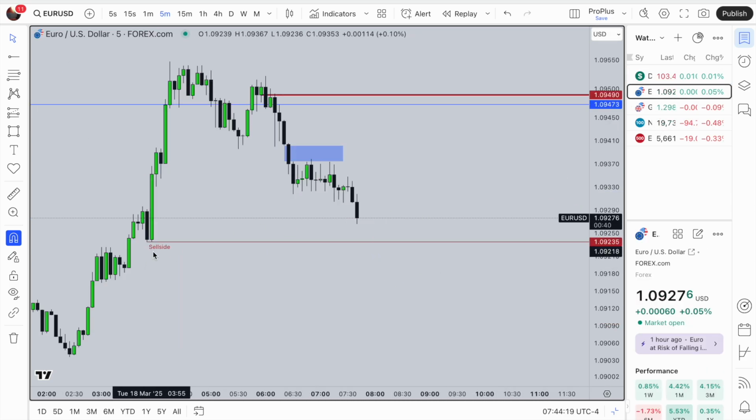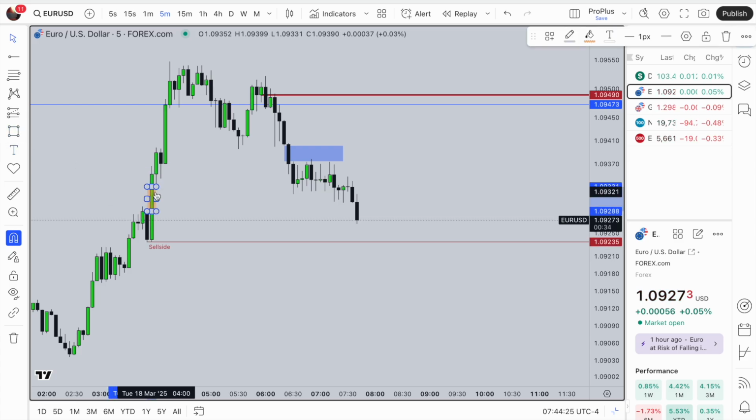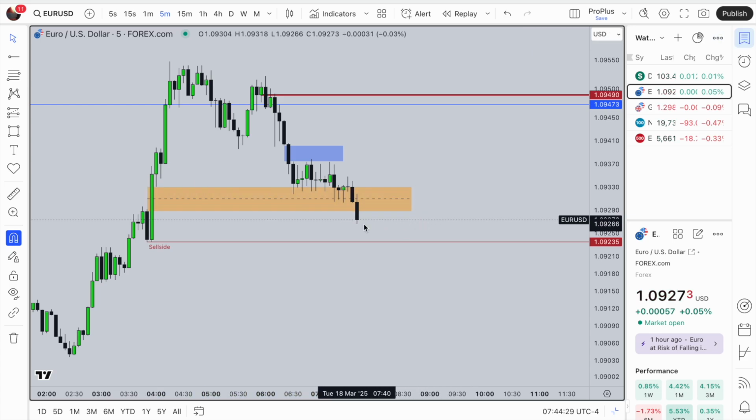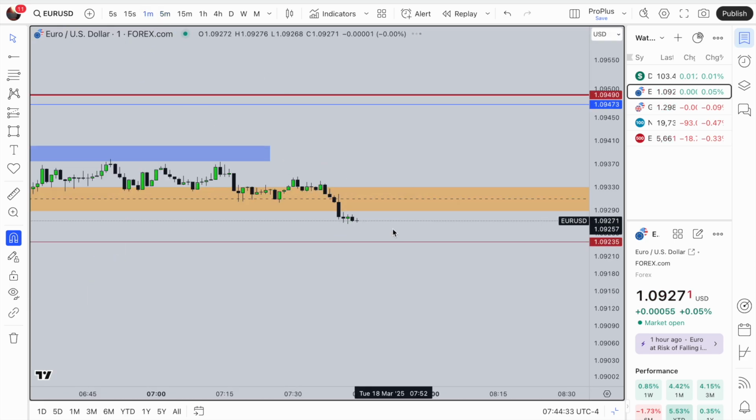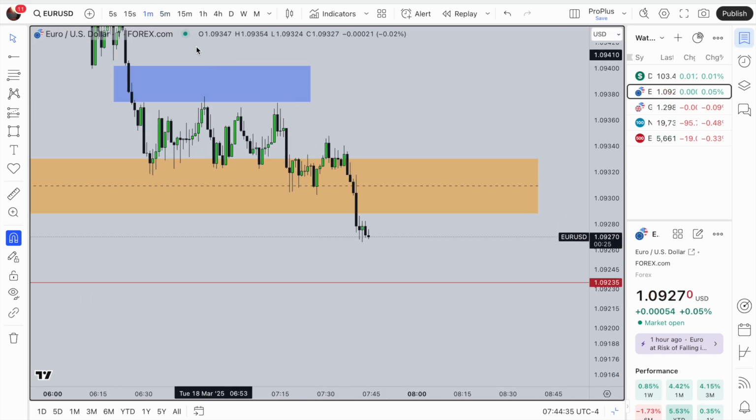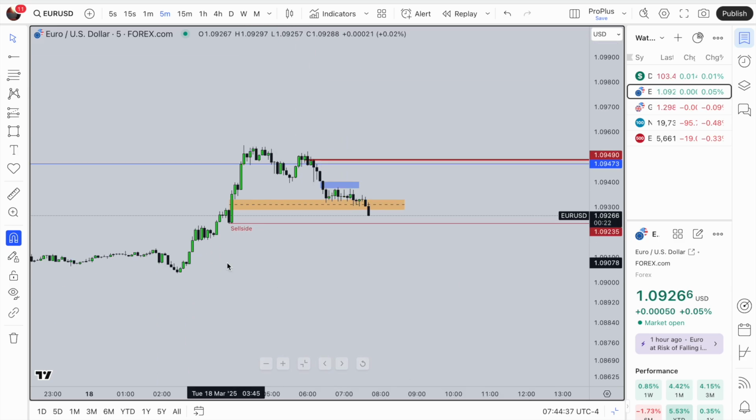So euro should want to start running lower now. See how it reacts to this. Closes above that, that could act as an inversion. For an entry, unless I move my drawn liquidity down here, then I'll be able to sell in a premium.